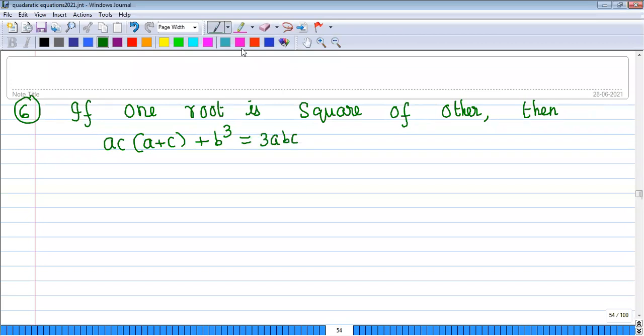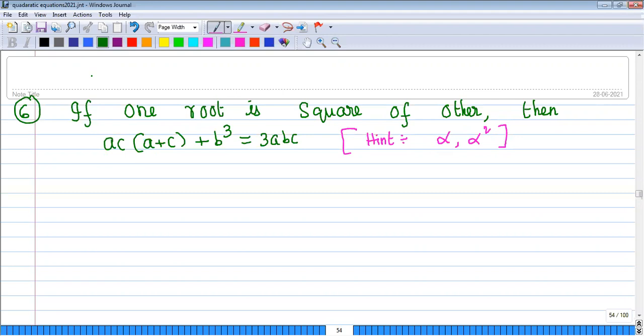So what is the hint? Roots will be like this: if one root is alpha, the other root will be alpha square. One root is the square of the other, then the condition is this one: ac(a plus c) plus b cube is equal to 3abc.